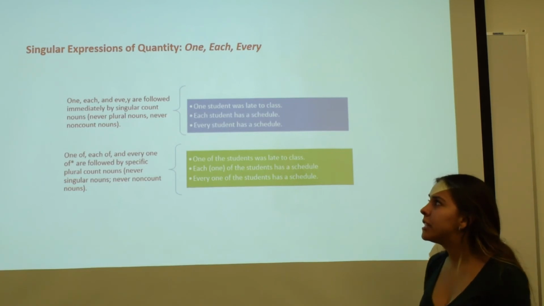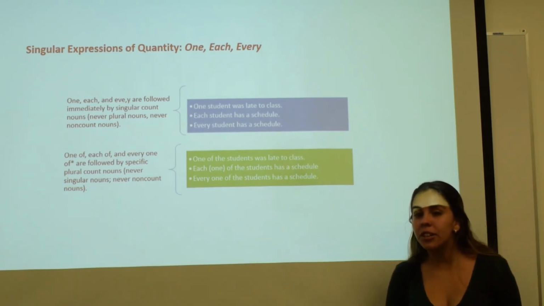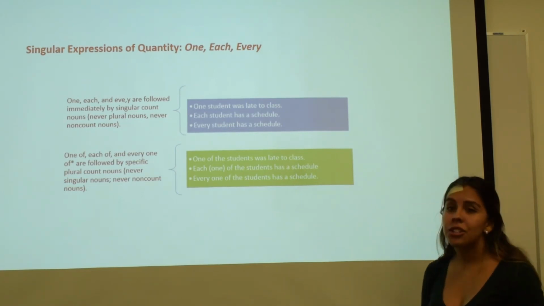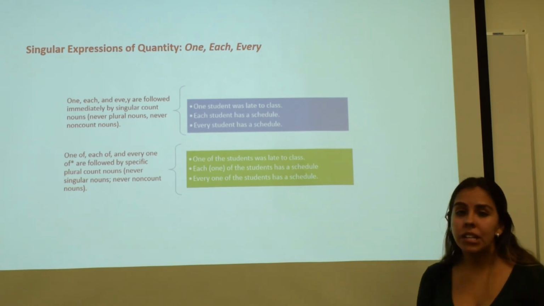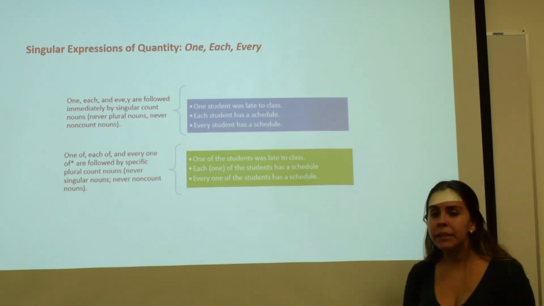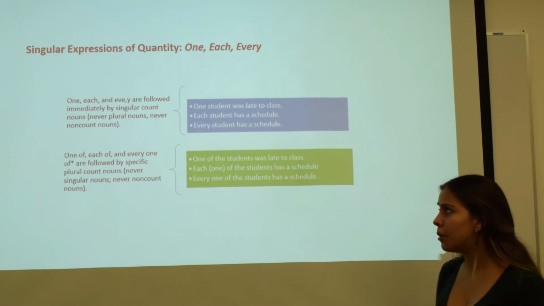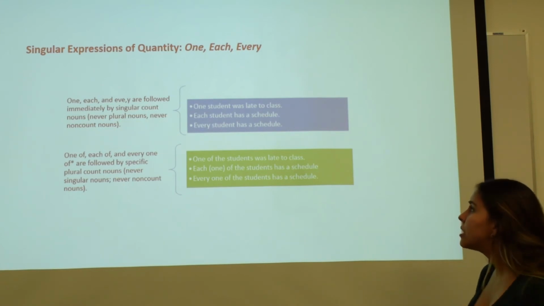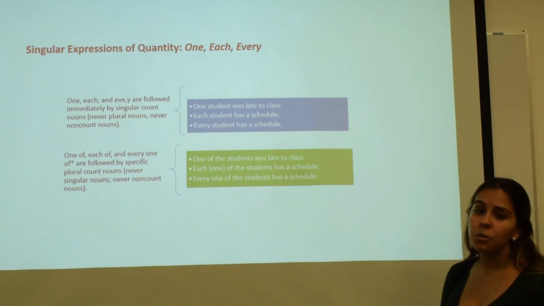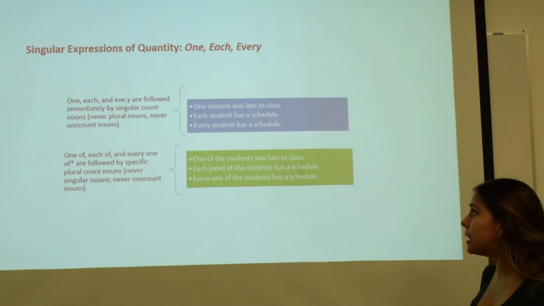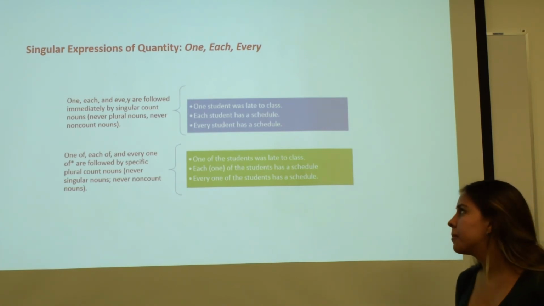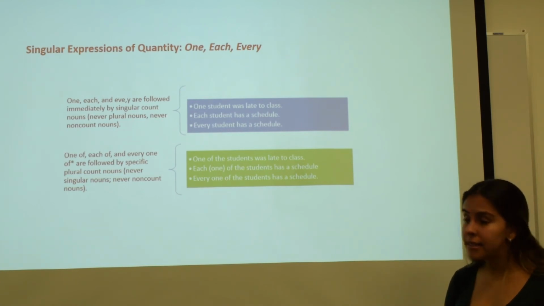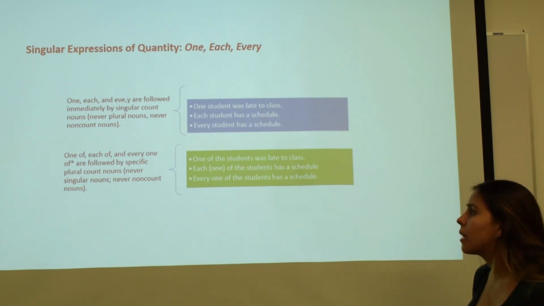We have here singular expressions of quantity. We are going to talk about one, each, and every. One, each, and every are followed immediately by a singular count noun. Never plural nouns, never non-count nouns. For example, one student was late to class. Each student has a schedule. Every student has a schedule.